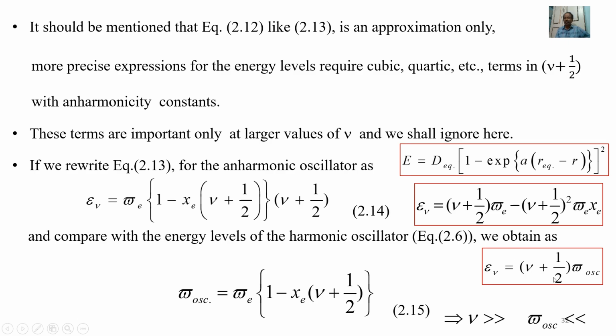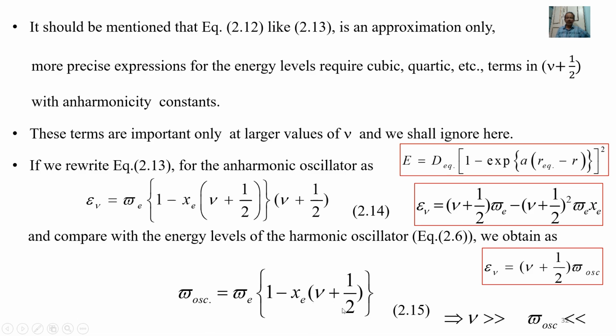Of course, nu plus 1 by 2 is just equal to nu plus 1 by 2, and the remaining term will be equal to omega bar oscillator. You compare this equation with this equation, and the remaining term, omega bar oscillator, is given by equation 2.15.